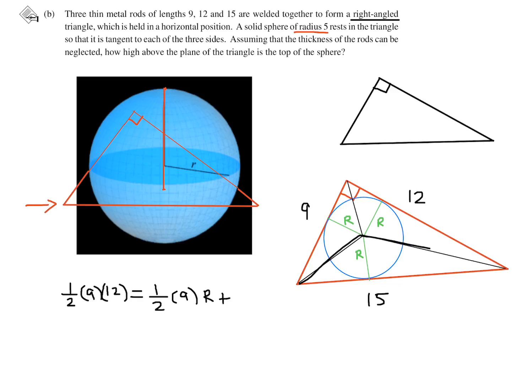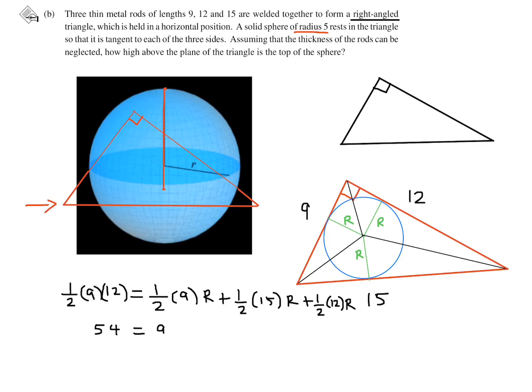And then similarly for this guy here, 1/2 base is 15 and the height is r. And finally, in that triangle, we have the base and the height: 1/2 base is 12 and the height again is r. So we can do this now. 12 divided by 2 is 6. 6 times 9 is 54.